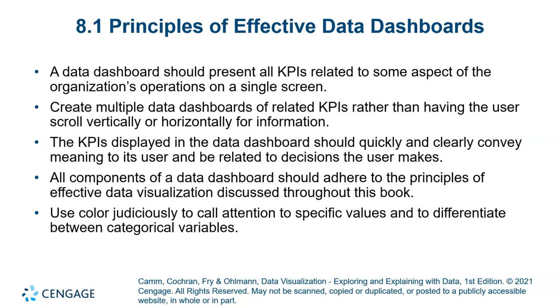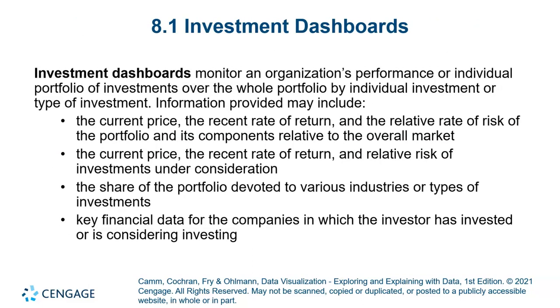Use color judiciously, meaning fairly. You should not use so many colors that they are unappealing or create distraction. To keep the attention of the user, you should use different thematic colors.